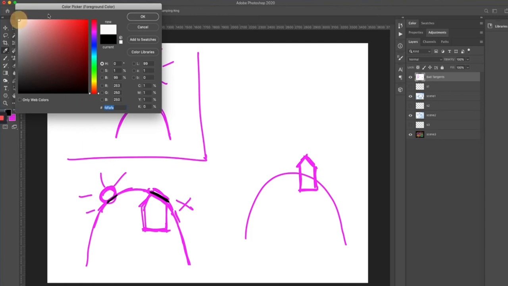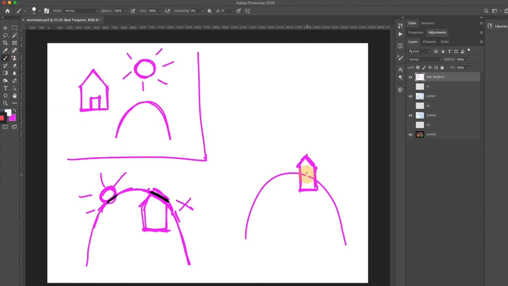Let me just get a different color. So you do a house like that, it's sitting on the hill, and you do the sun in its own space somewhere else, so that you know that house is on the hill. The house is sitting on the hill, the sun is away from the hill, and you're not getting shared lines or bad tangents here.